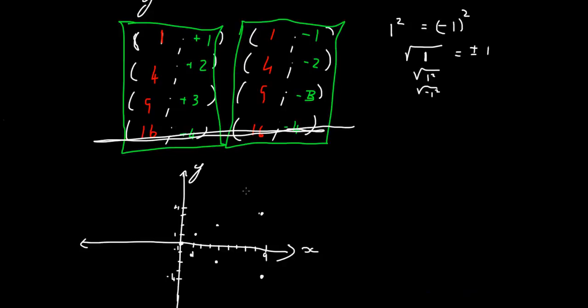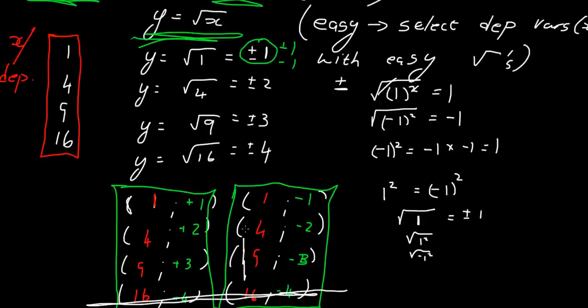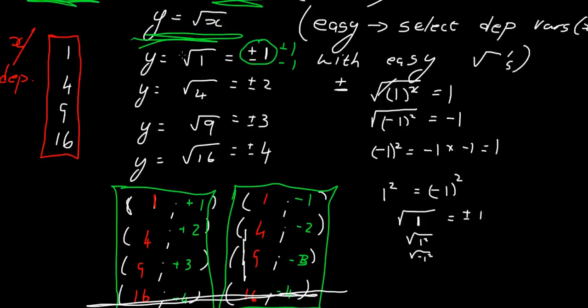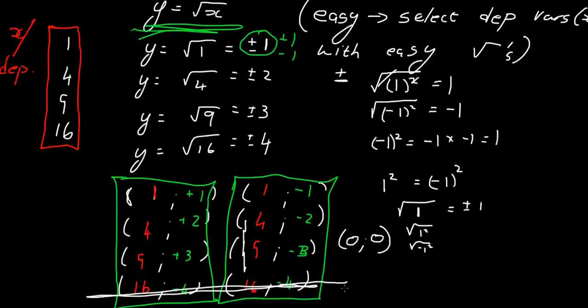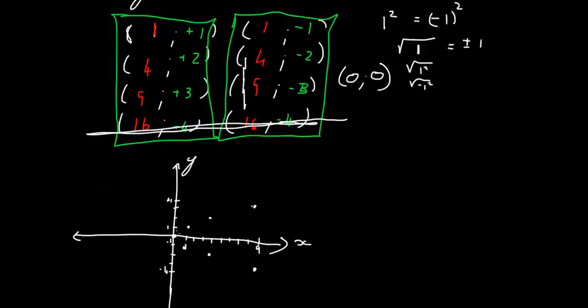One that we forgot to do is 0. If we plug in x equals 0, the square root of 0 is 0, and there's no such thing as plus minus 0. You can just have 0. So that actually is this point over there. And then we just draw a line in between our dots.